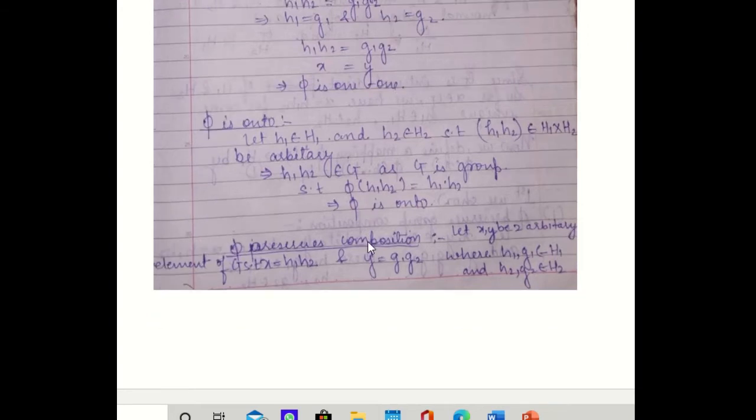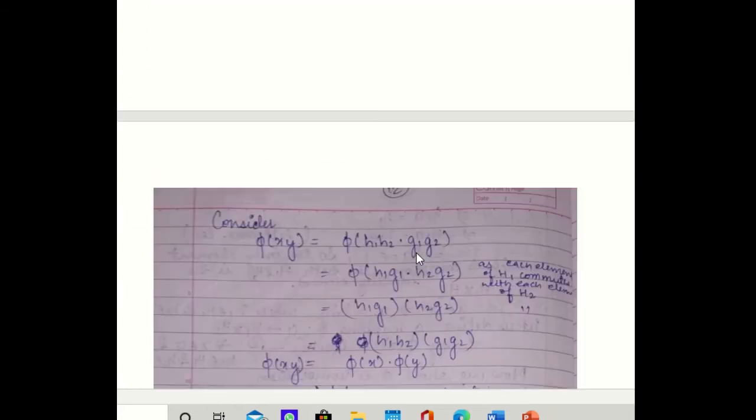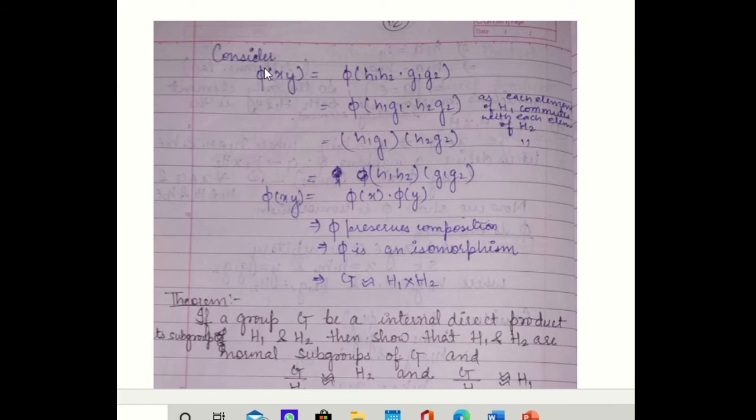Now to show it is an isomorphism, it is left to show phi preserves composition. That means, let x and y be any two arbitrary elements of G such that x equal to h1 h2 and y is equal to g1 g2, where h1, g1 belong to capital H1, h2, g2 belong to capital H2. So now we consider phi of xy. Phi of xy will be h1 h2 into g1 g2, and now we can write it as h1 g1 into h2 g2.